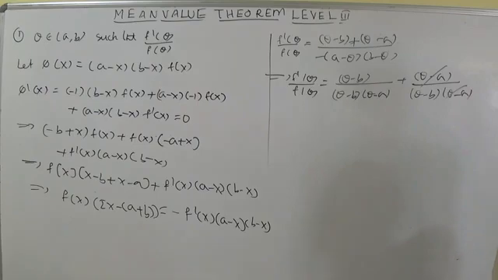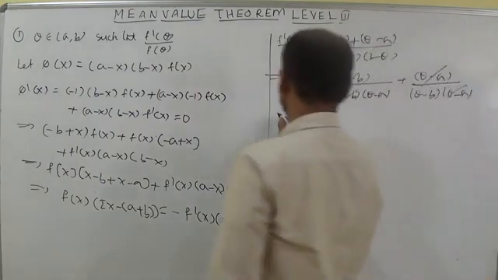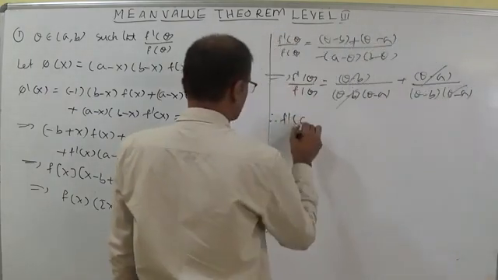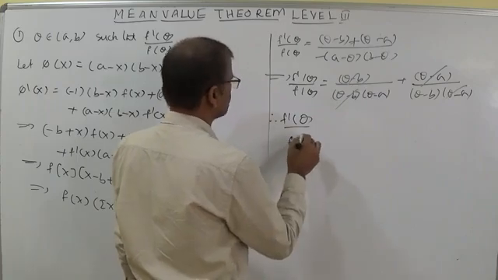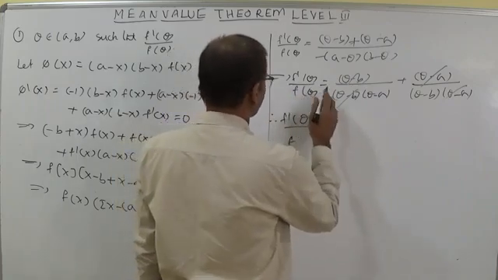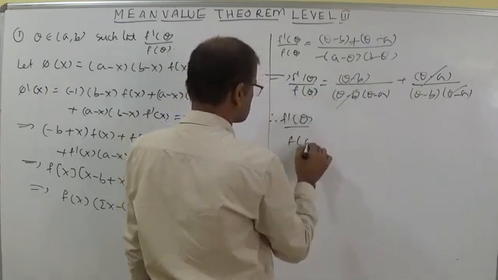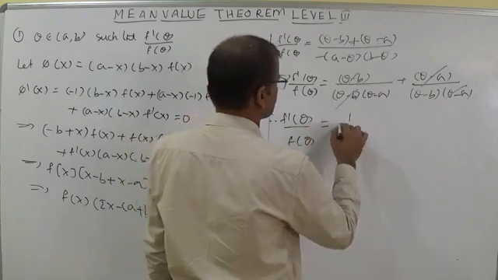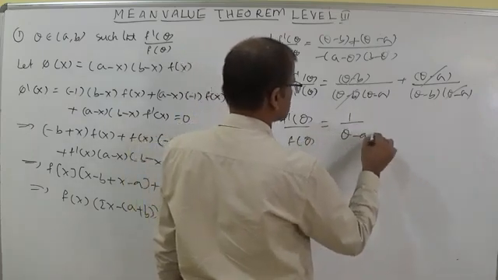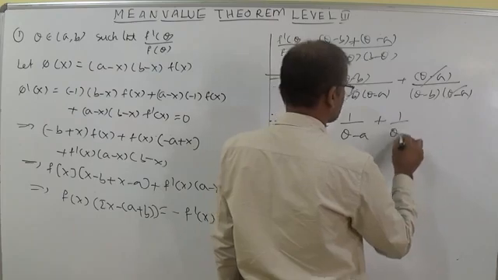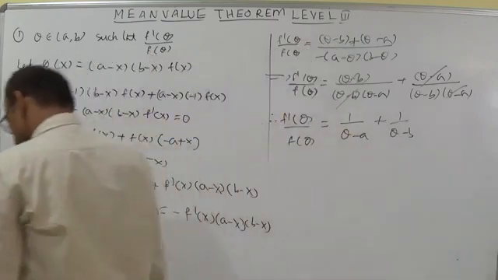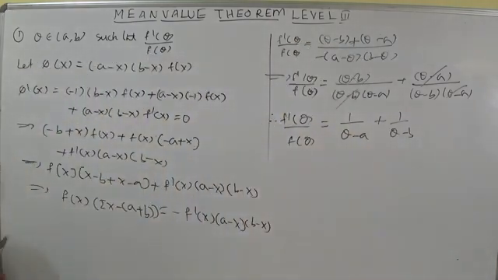Theta minus a gets cancelled, theta minus b gets cancelled. Therefore, using Rolle's theorem, f dash theta by f of theta is equal to 1 by theta minus a plus 1 by theta minus b. Let us see the options.